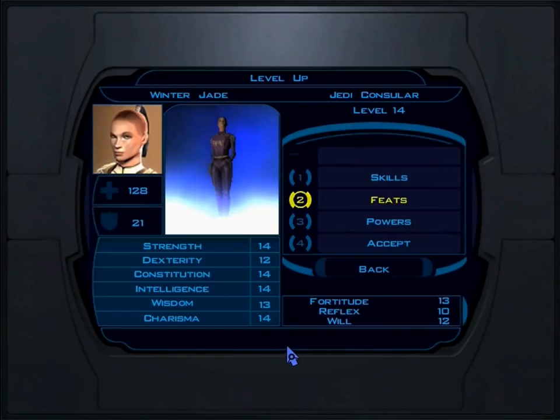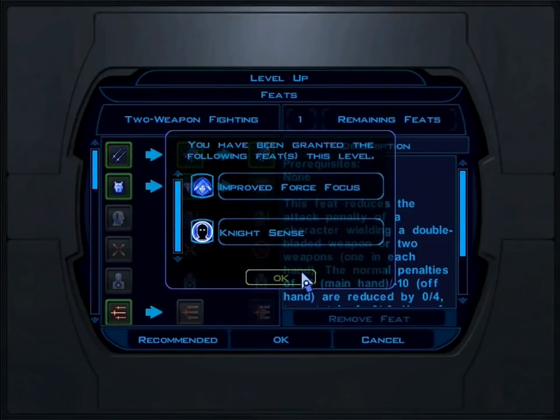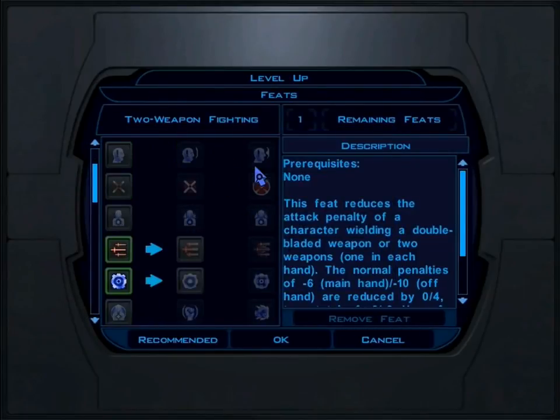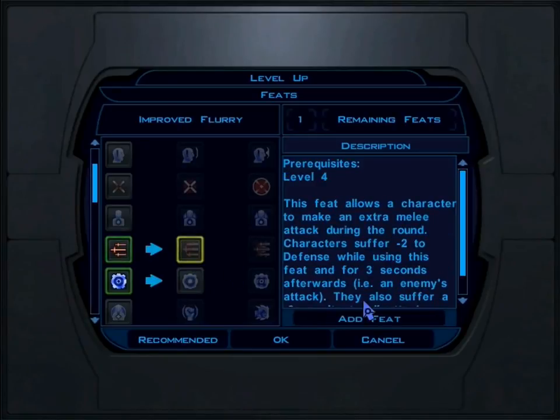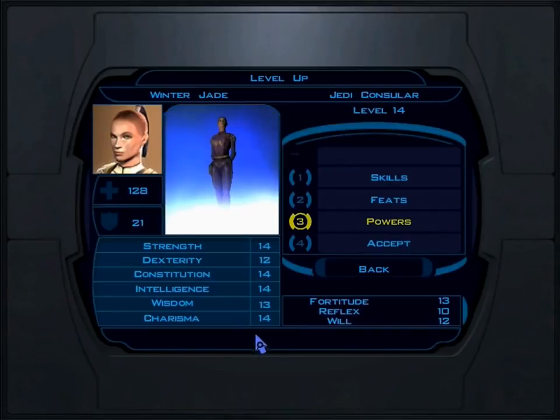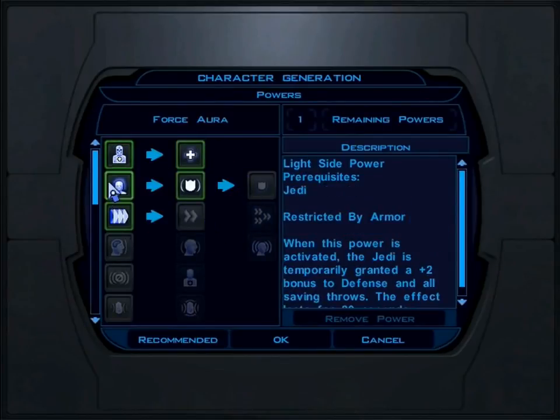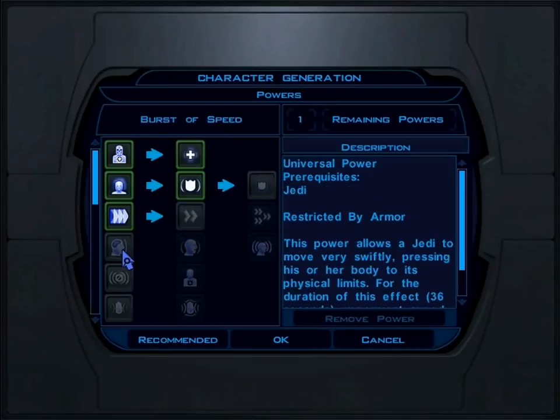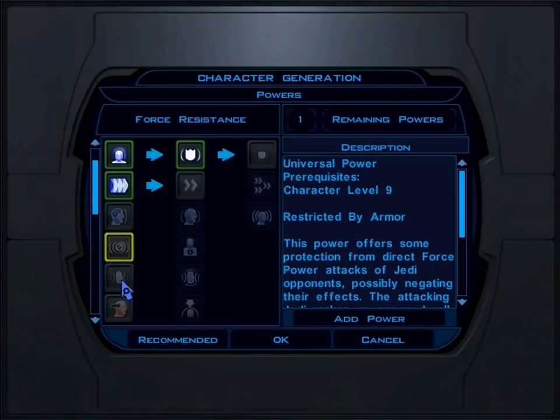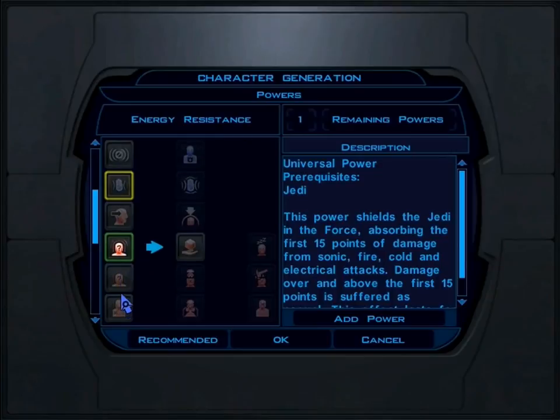Let's go with more repair, because we need that. Yay, Night Sense. And... What? Have I never leveled up Flurry? No wonder I'm shit at it. I thought I leveled that up. No. Oh, most of these are restricted. I need something that's not restricted by armor.